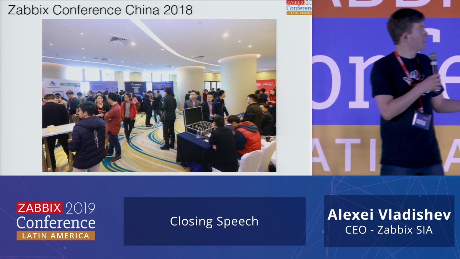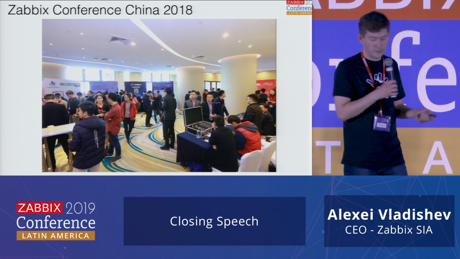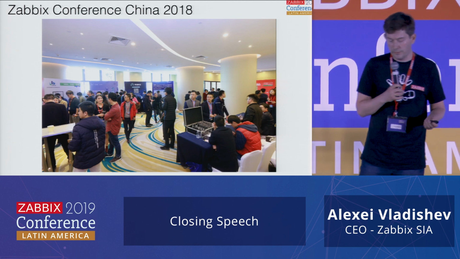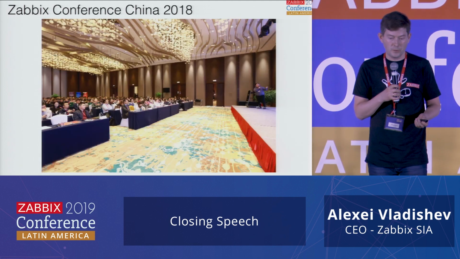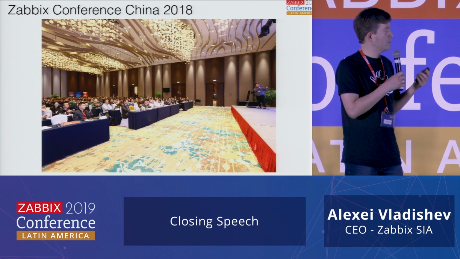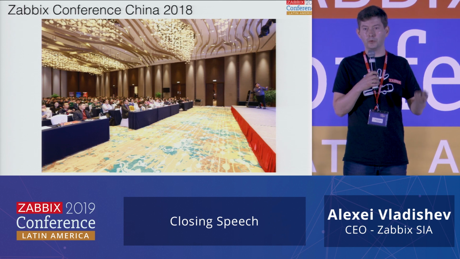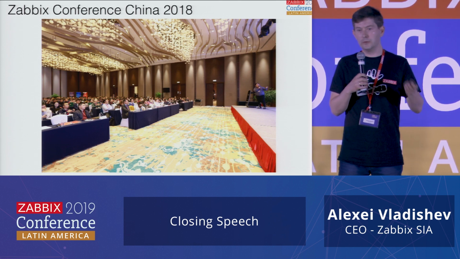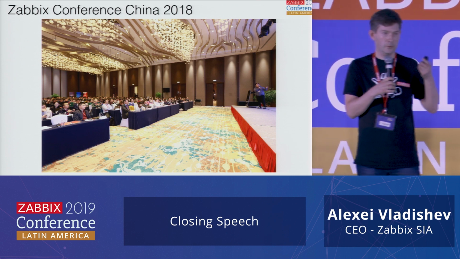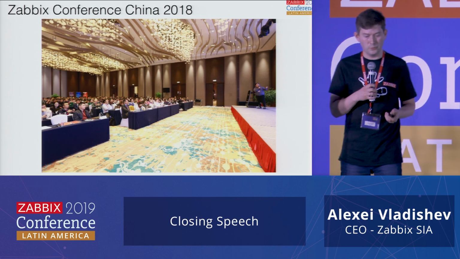We also had some booths from our sponsors, where sponsors could present their own solutions. That was really nice. In China it's really growing for us, because more and more people talk about Zabbix, or not necessarily Zabbix, but about the importance of monitoring tools. They're looking for good monitoring solutions.